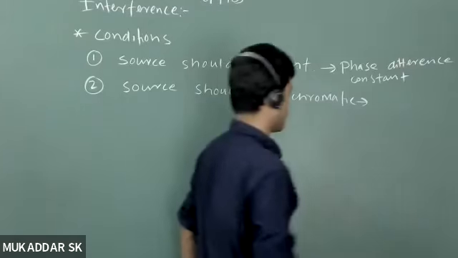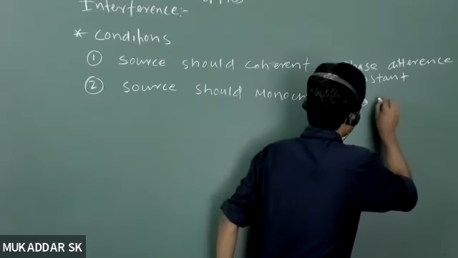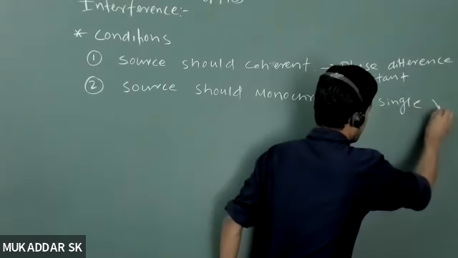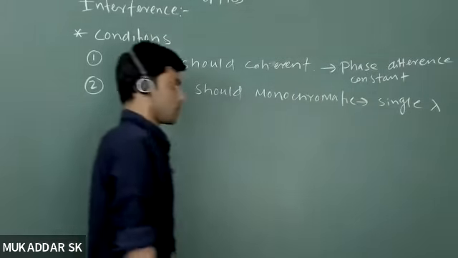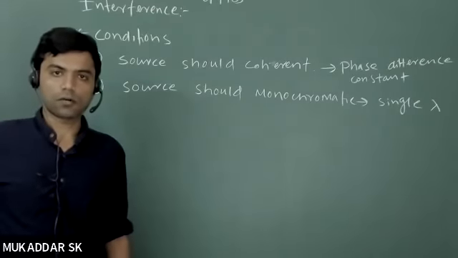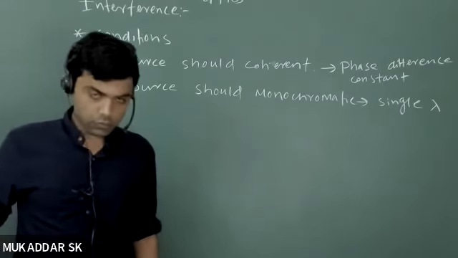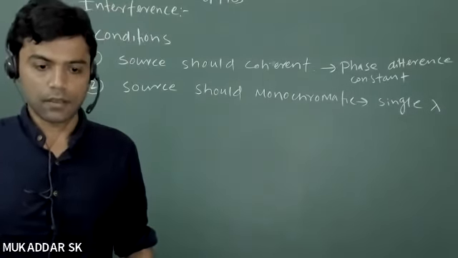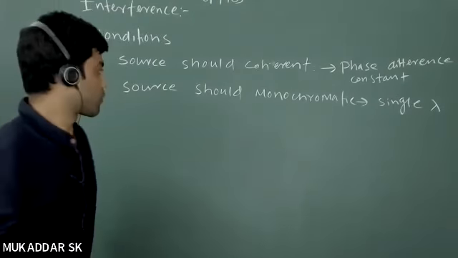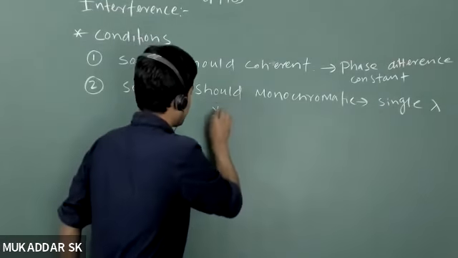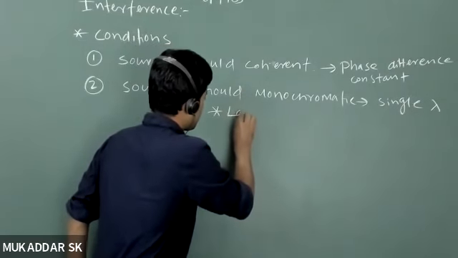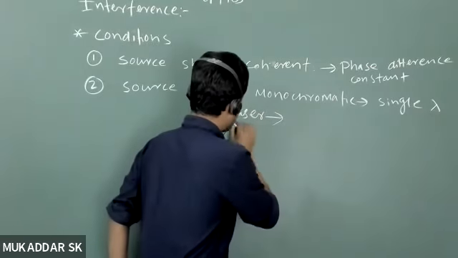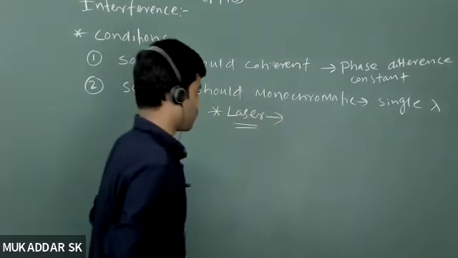Monochromatic means a single wavelength, single lambda, which means wavelength. So what is the best source of monochromatic light? Anyone knows? Which one will be the best example? For example, if you use laser light, you know laser is almost monochromatic. So you can use that laser source as a monochromatic light.